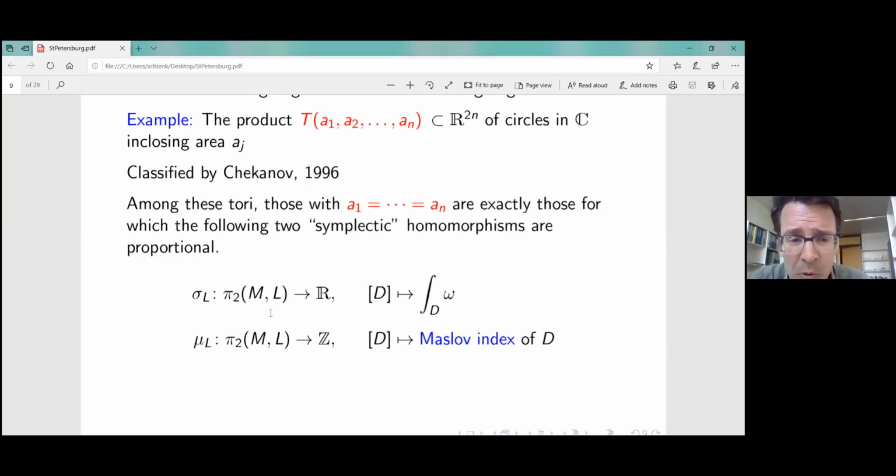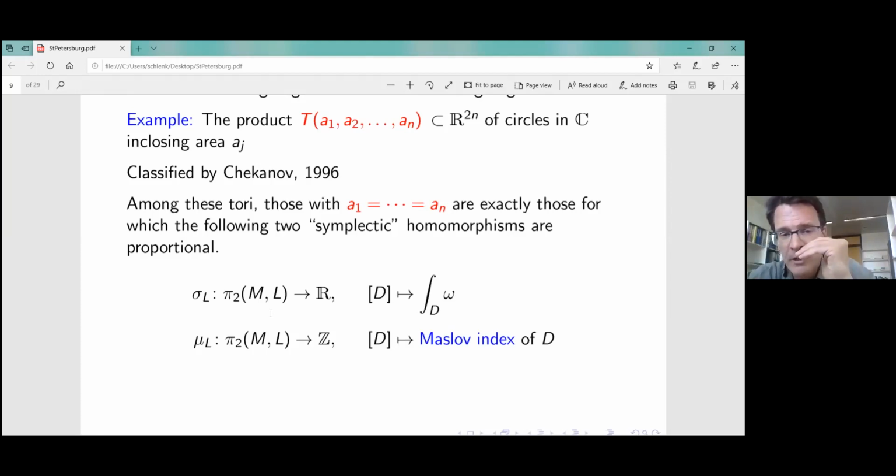And the second homomorphism is the Maslov class, the Maslov index. I will not even define it. You should go into the Grassmannian and then look at the loop induced by the Lagrangian, and then take the element in pi1 there. You can look it up if you want, but intuitively, it just means the following.